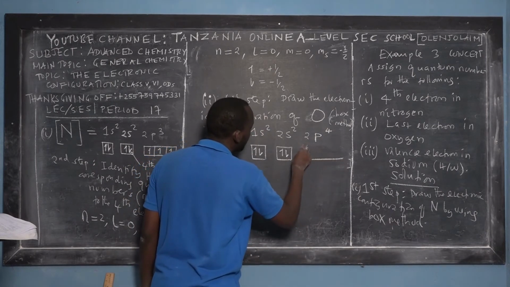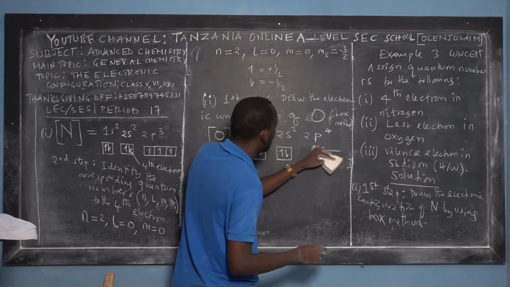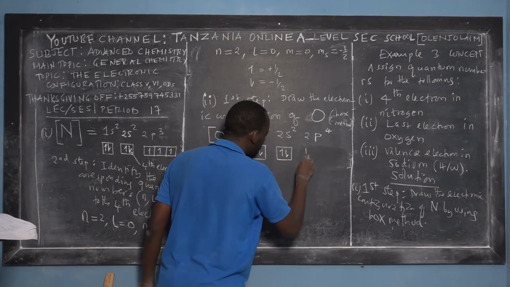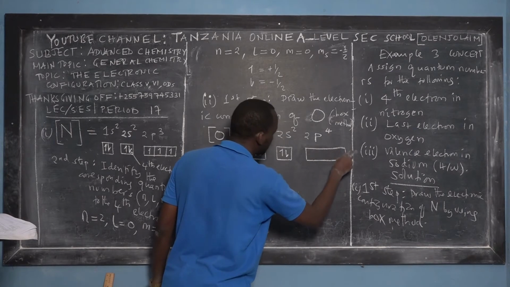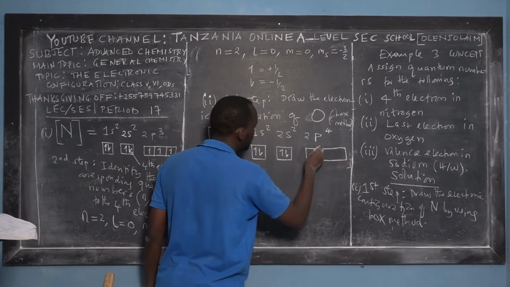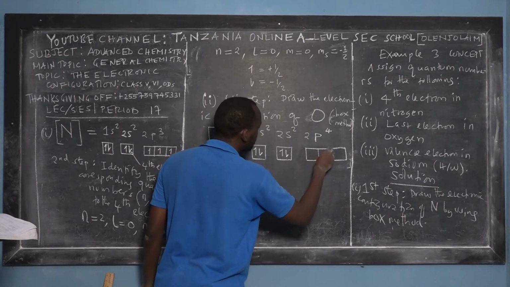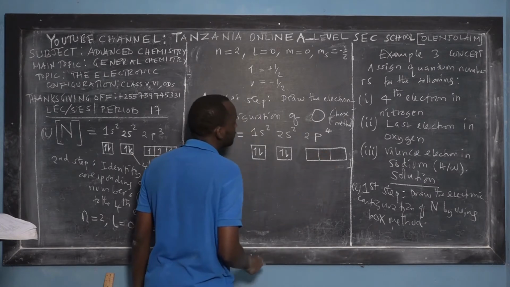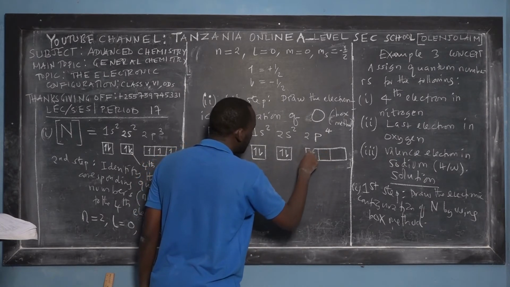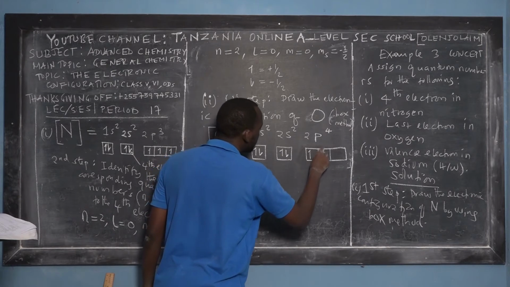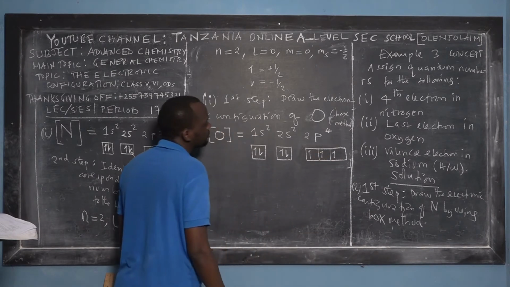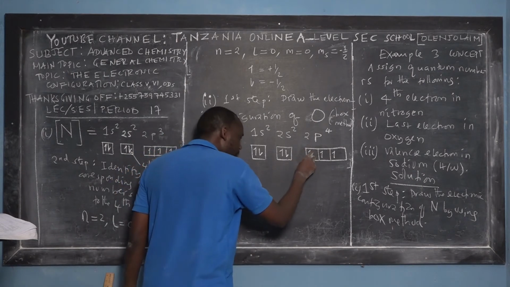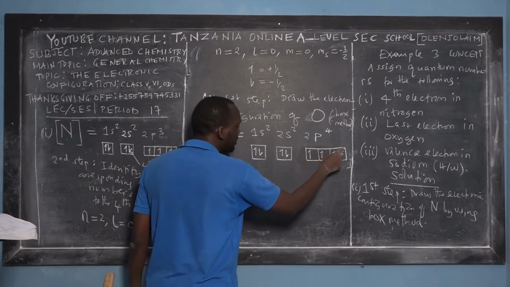In the p orbital, we fill electrons according to the sequence. This is the sequence, this one, and this one. So we have 1 electron, 1 electron, 1 electron. So this is the 5th electron, 6th electron, 7th electron.